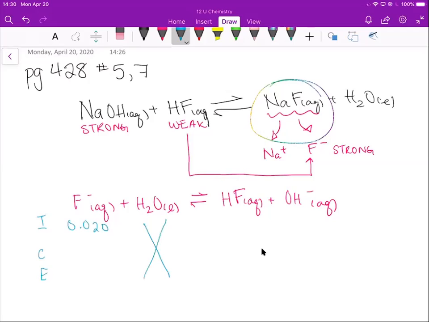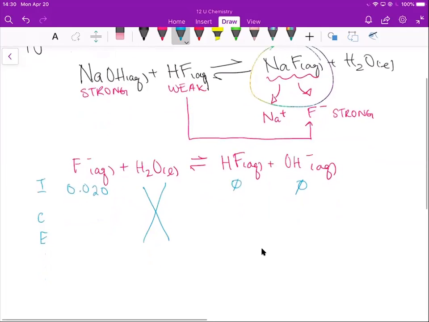Again, I don't worry about water. Because it was completely neutralized, you have 0 for initial hydrogen fluoride, and 0 for hydroxide. Okay, here it's obviously going to shift to the right.